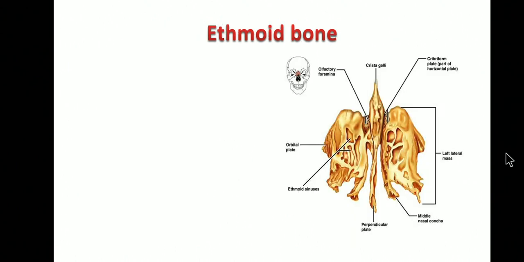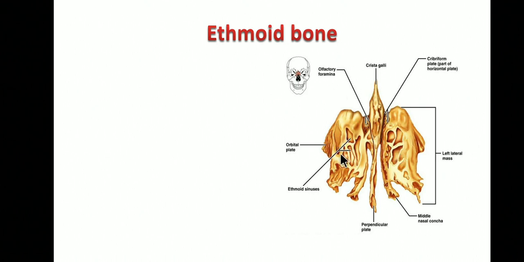Before going into further details of the nasal cavity, you should try to understand some basic features of the bone called the ethmoid bone. This ethmoid bone, which you are able to see in the anterior view, is a pneumatic bone, and it forms part of the facial skeleton.